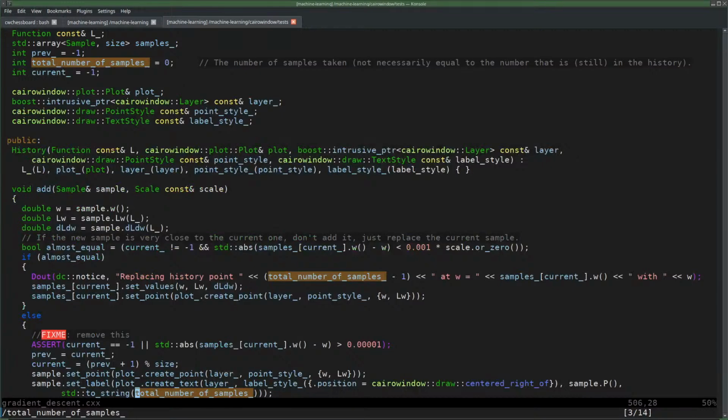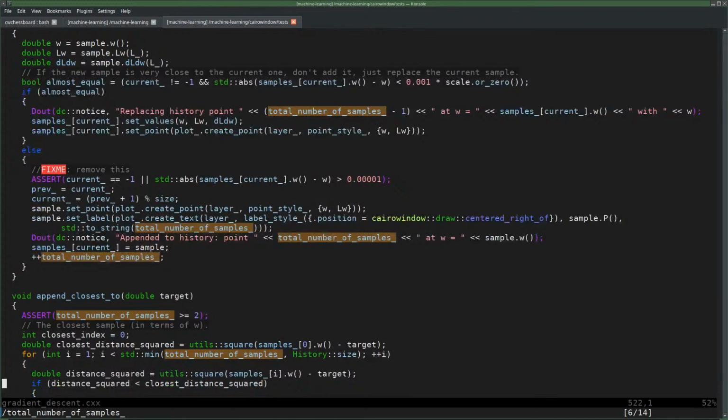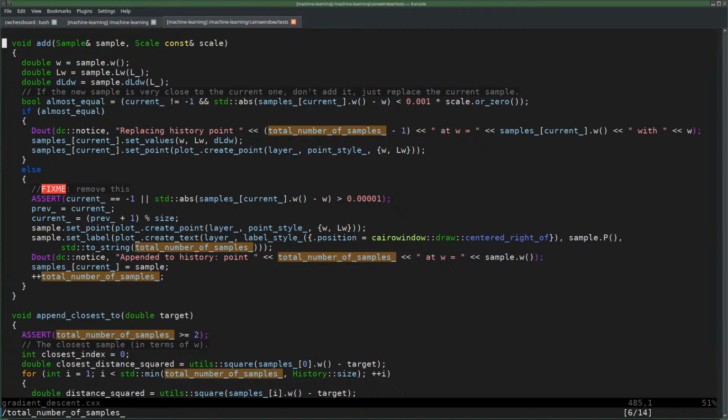This is incremented here after calling add. Yeah, normally it would be incremented if the sample that I add is not almost equal to the last sample.